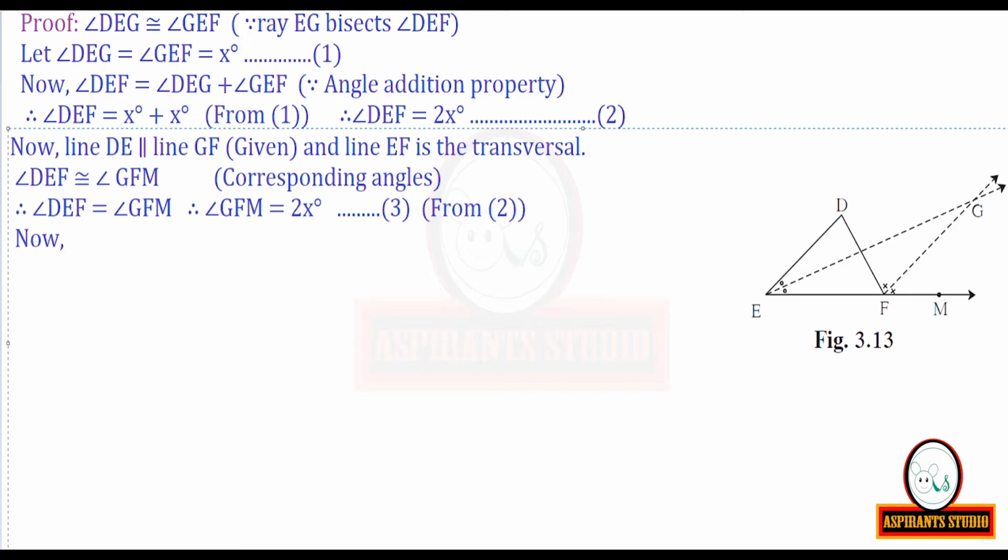Now let us discuss angle DFG. You are given ray FG bisects angle DFM. So, angle DFG is congruent to angle GFM. When the angles are congruent, their measures are equal. So measure of angle DFG is equal to measure of angle GFM.